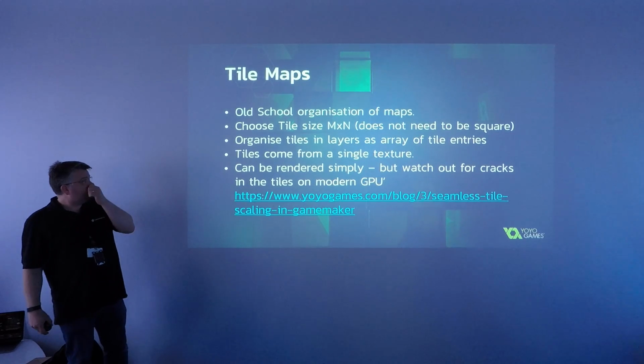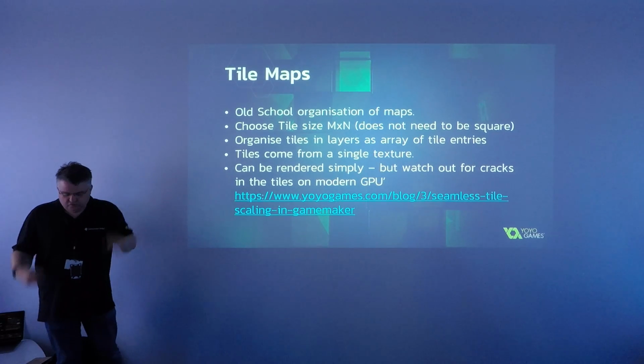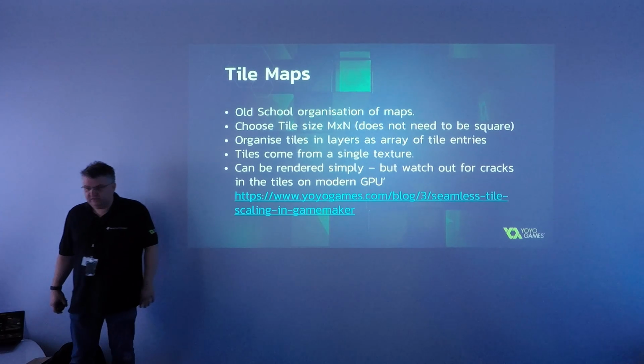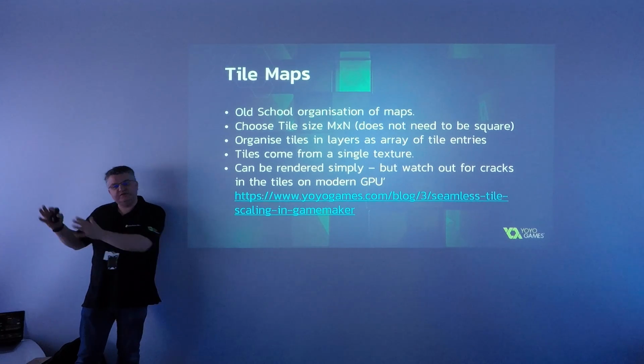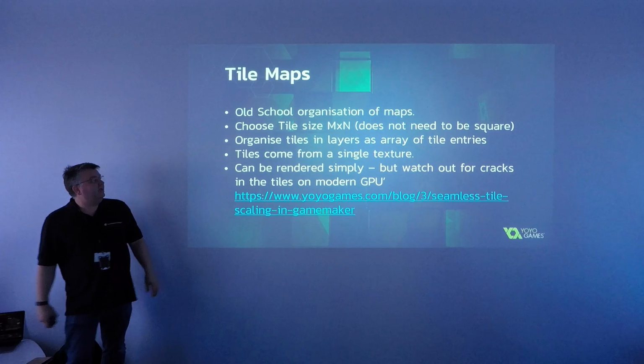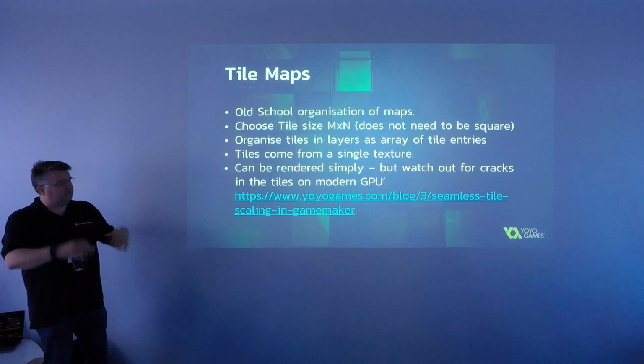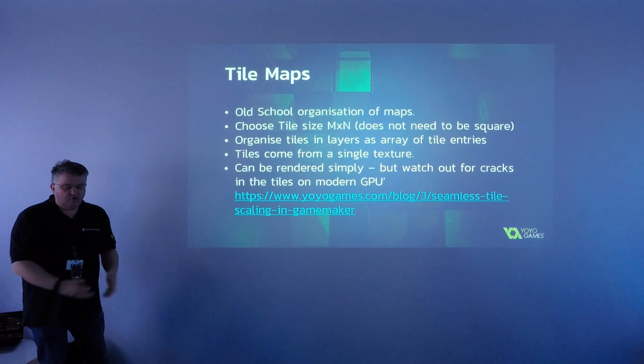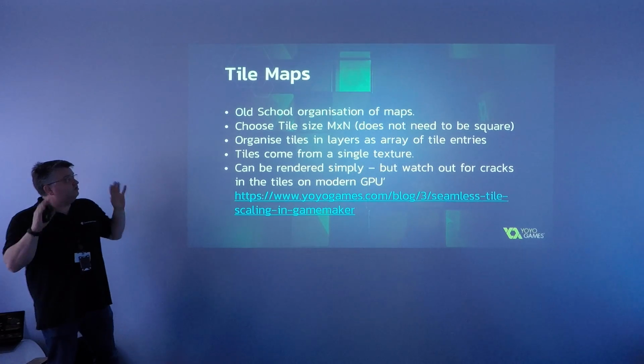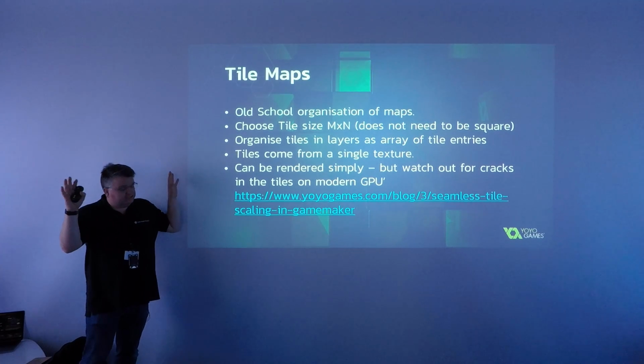It's very good. So tile maps, as you all know, in GameMaker Studio 2, we've gone all out on tile maps as proper tile maps, not what we used to call tile maps back in GameMaker Studio 1, but a proper tile map where it is just an array of entries, of any size, doesn't have to be square.